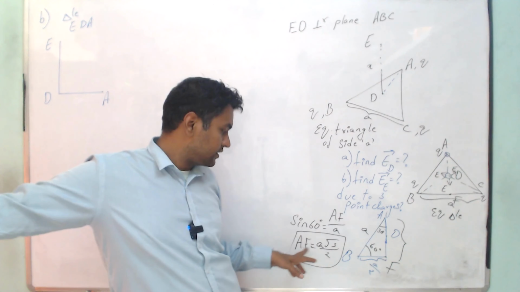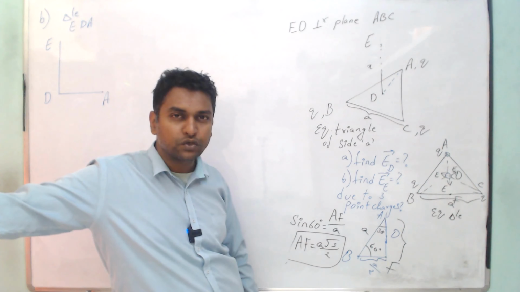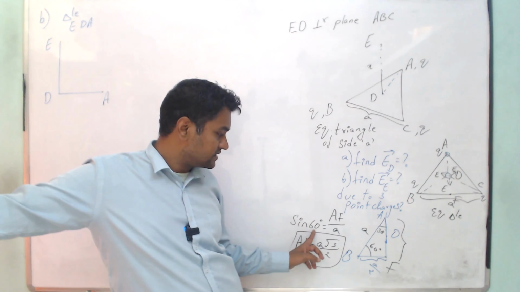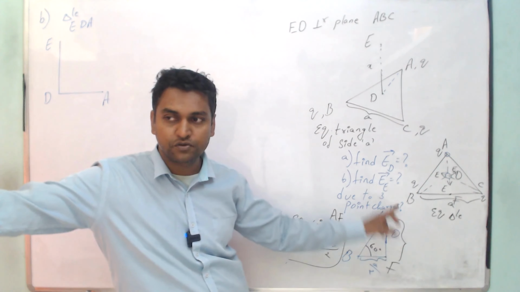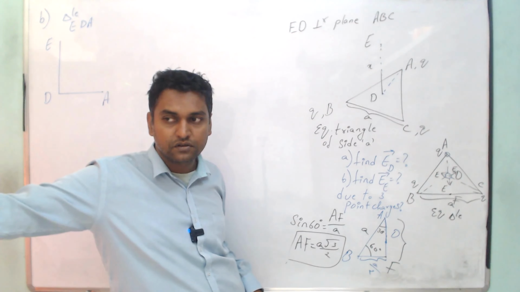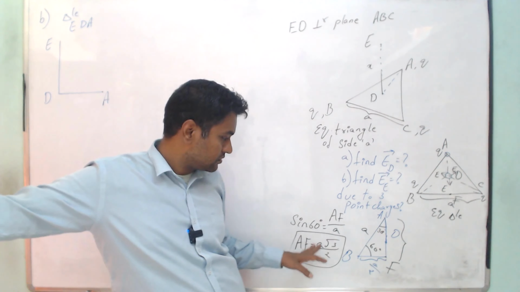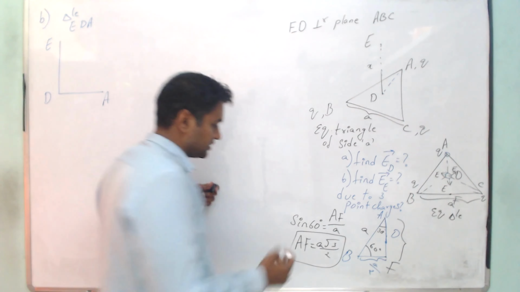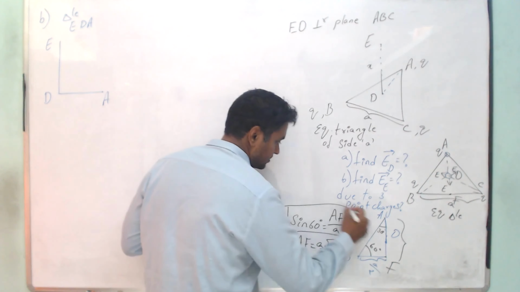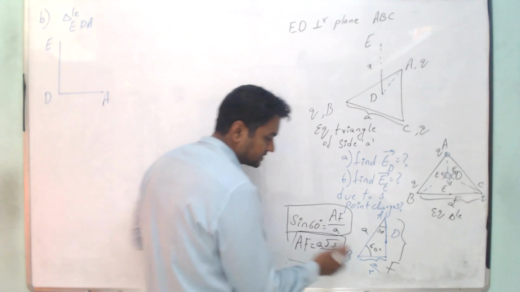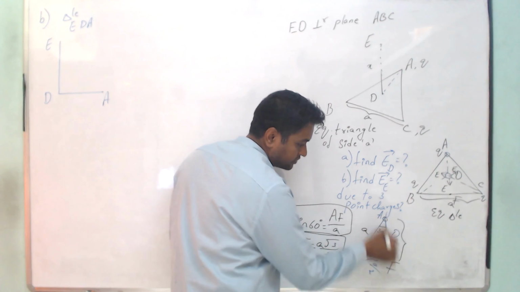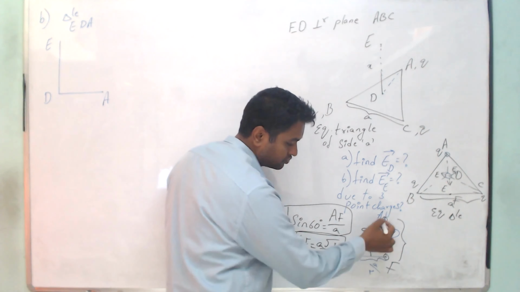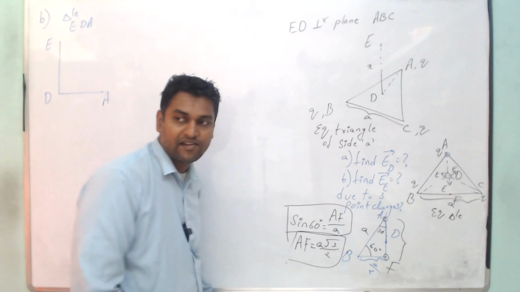Sin 60 is AF divided by hypotenuse AB, so AF by a.